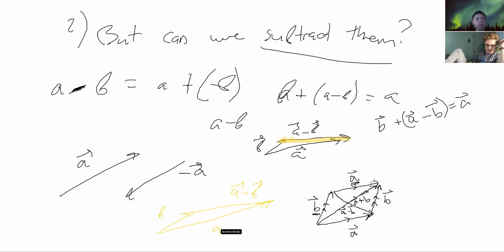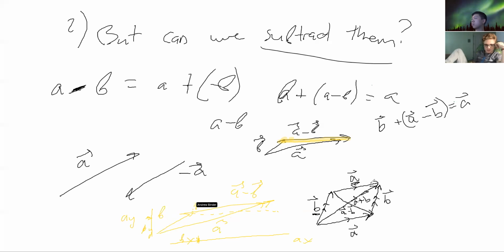And this is a. This here is my ax, and this here is my bx, right? In the same way that this whole thing is ay, and this thing is by. So if I'm looking at the components of this vector, I'm looking at this component for the horizontal and this component for the vertical.